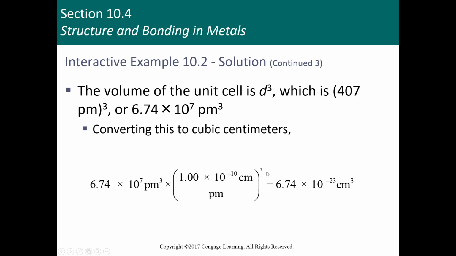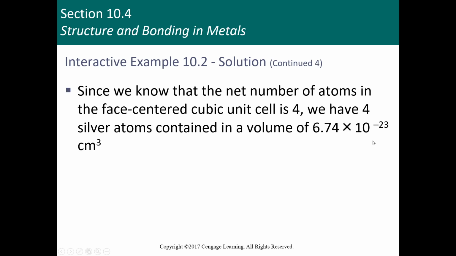Now, we have to cube this because we need to remove 3 picometers here and replace them with 3 centimeters. So we're actually doing that 3 times. You see that? That's what that means, times this 3 times. All right, now that gives us an answer of 6.74 times 10 to the negative 23 centimeters cubed, which is also the same as milliliters or cubic centimeters.